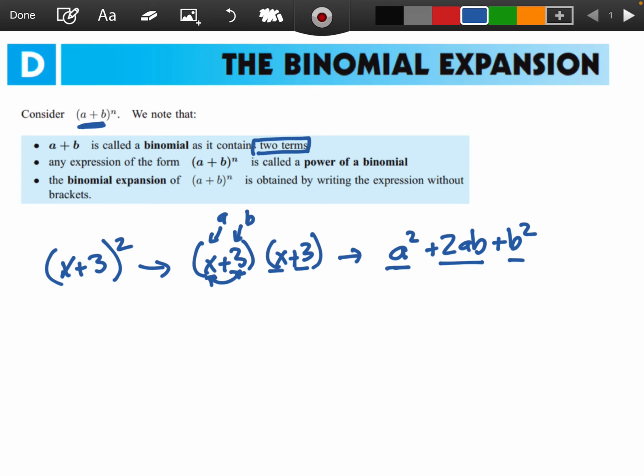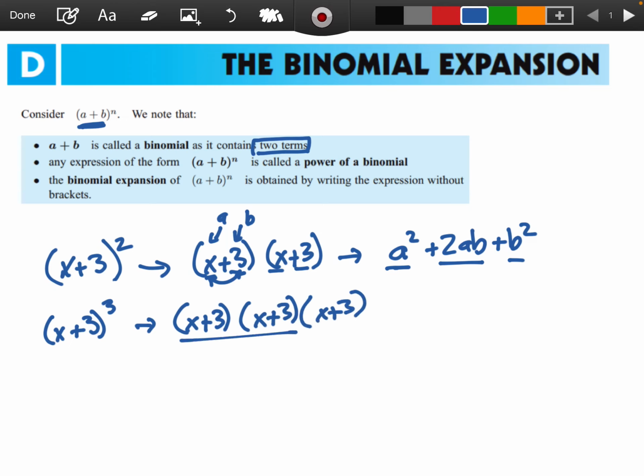So we've seen that. In our previous section, you may have also seen something like this, in your questions, where you would multiply that out 3 times. You would FOIL the first two, and then whatever that turned out to be, you multiply that by the third set of brackets.